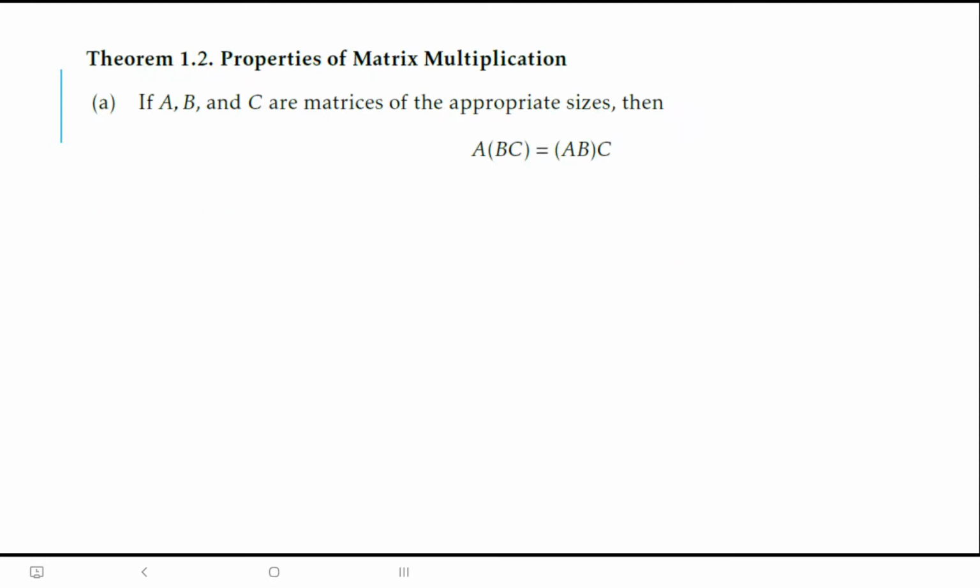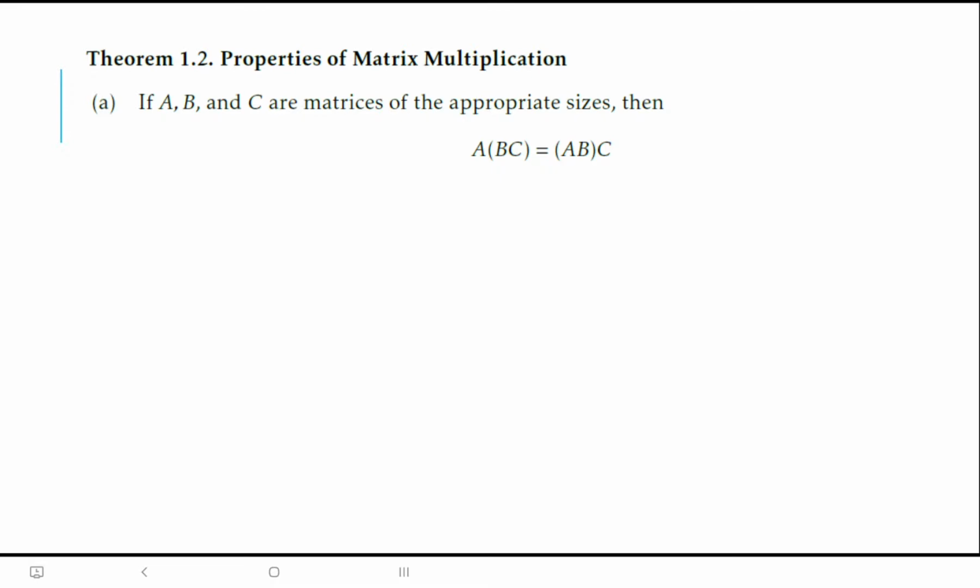Okay, let's move on to properties governing matrix multiplication. So if A, B, and C are matrices of the appropriate sizes, pag sinabi natin appropriate sizes, di ba, pag dalawang matrix pinag-multiply natin, kailangan yung column ng unang matrix ay equal sa row nung second matrix.